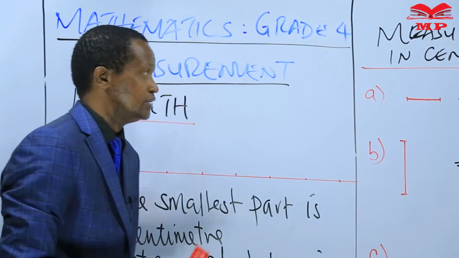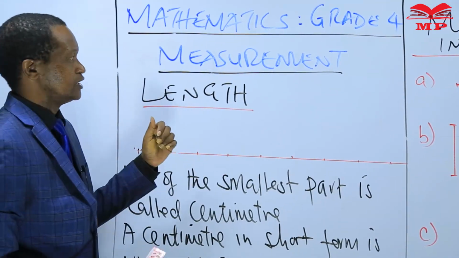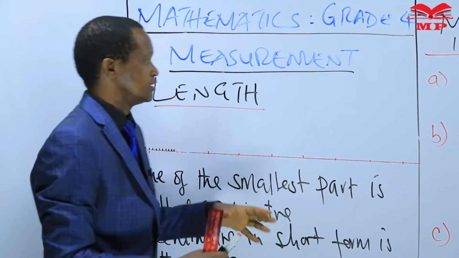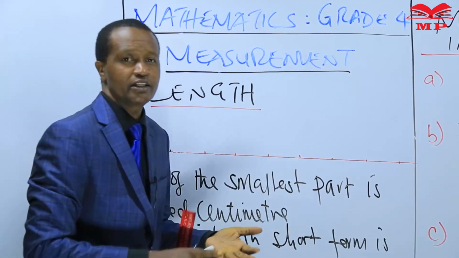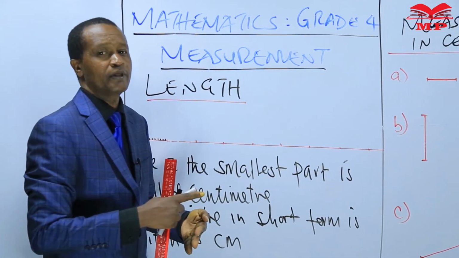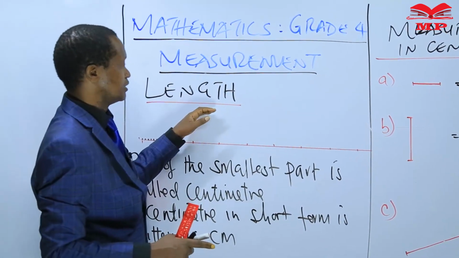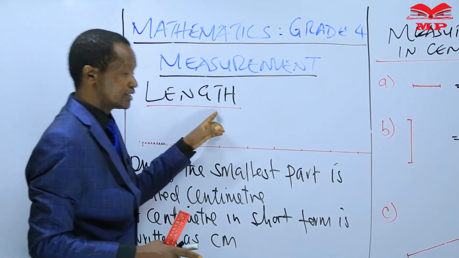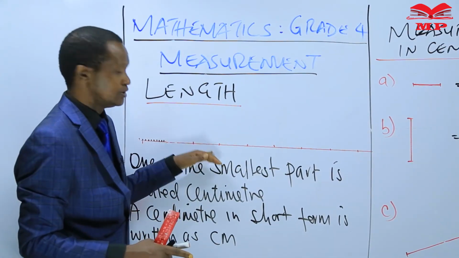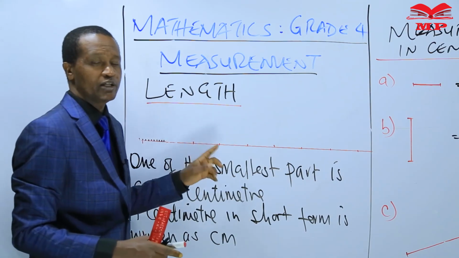The topic is measurement. And remember, I said under measurement, we are going to learn several things. The first one is length, area, mass, volume, capacity, time, and money. In this lesson, we began with length, and I demonstrated here on the board using a 1 meter ruler.